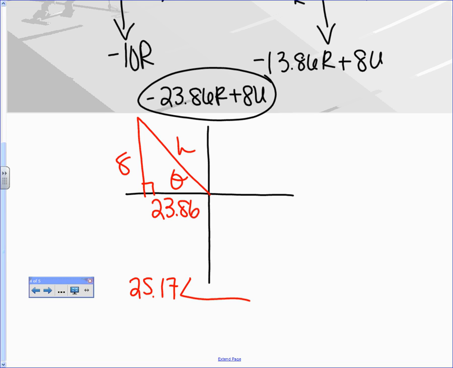Okay, any questions on the hypotenuse? The magnitude? Okay, what about the angle? Yeah, you get 18.54 whenever you do tangent inverse, and then you got to subtract it from 180. Any questions there? Yeah, if you're just a little bit off, that's okay.